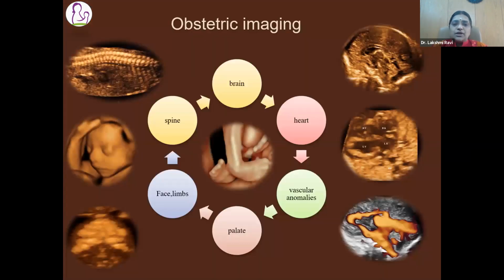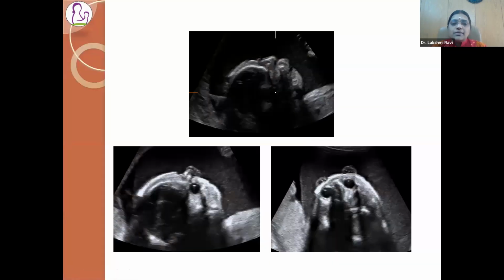In obstetric imaging, the areas where 3D ultrasound is known to have potential benefits would be the brain, the spine, face, limbs, the palate, especially to evaluate vascular anomalies, and obviously the heart. So just look at this image.